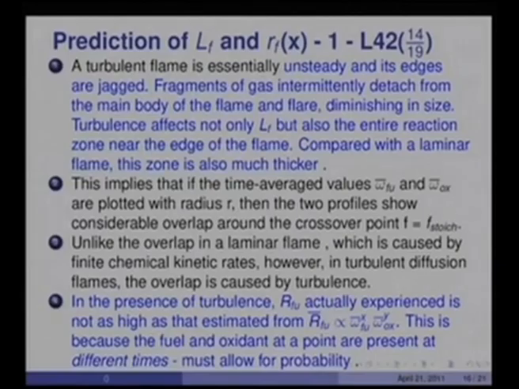So, the effective rates of burning are actually smaller than would be calculated from omega Fu raised to x and omega ox raised to y, which is the typical formula we use for burning rate of a fuel. And therefore, we must allow for the probability of turbulence.